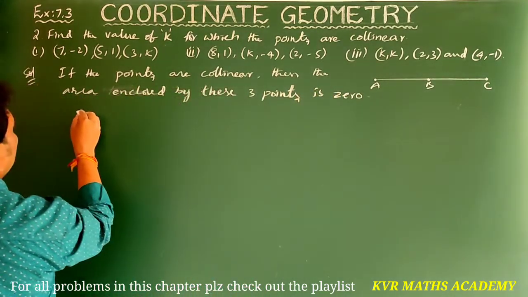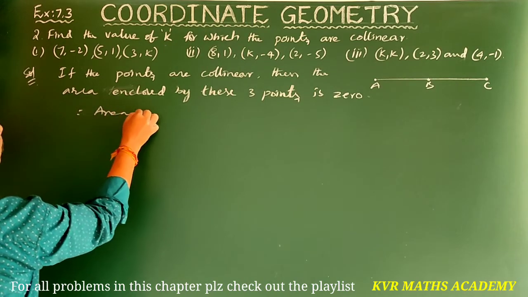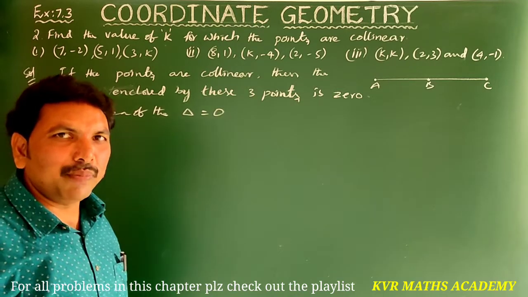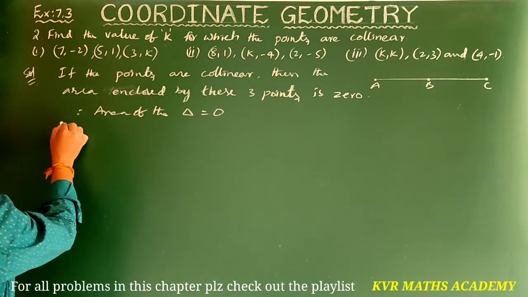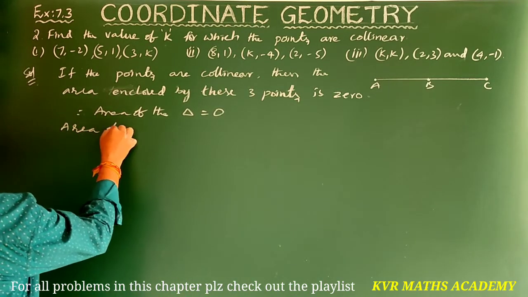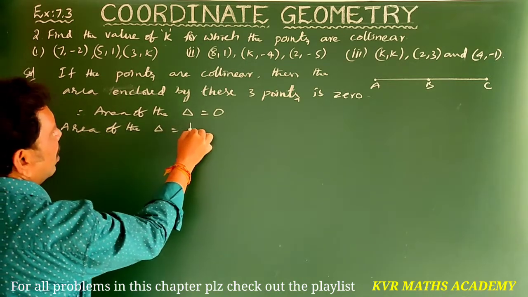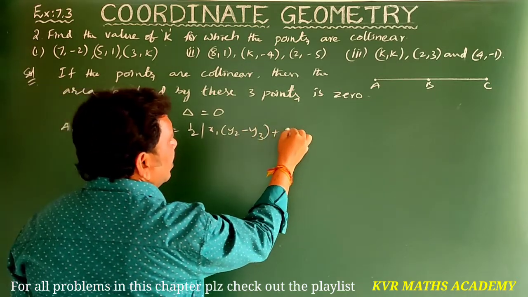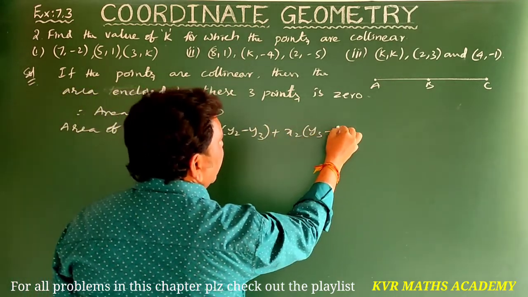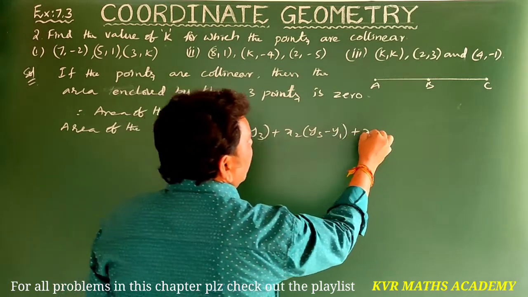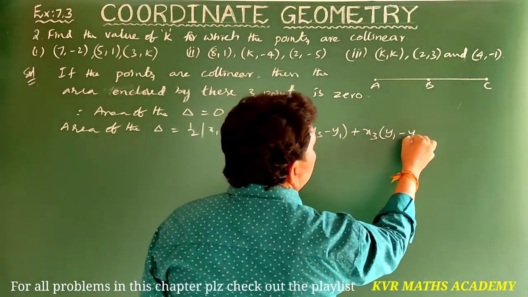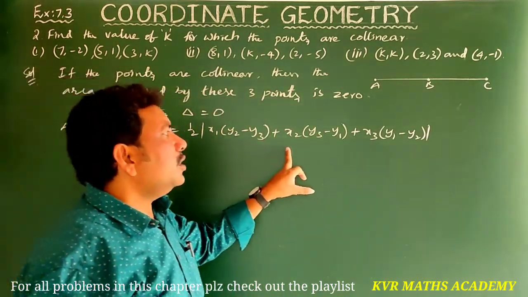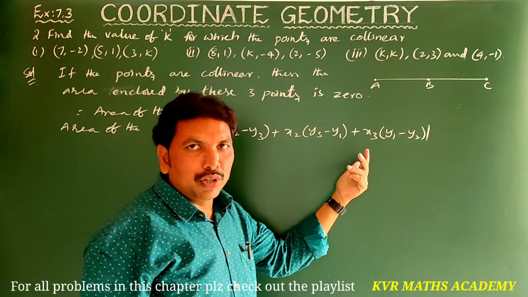Therefore, the area of the triangle should be equal to 0. So the area of the triangle formula is half modulus of x1 into (y2 minus y3) plus x2 into (y3 minus y1) plus x3 into (y1 minus y2), right? This should be equal to 0, right?